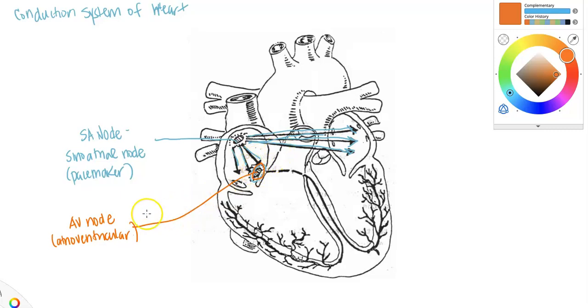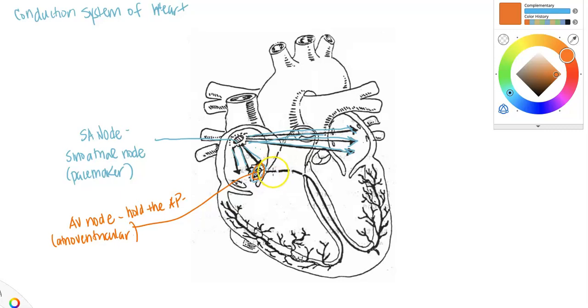And once it gets to the AV node, it will hold on to that action potential for a moment. It will delay it. Okay, and it's basically doing that because the heart needs to make sure that all the blood is getting pushed into the ventricle before the ventricle starts to contract.